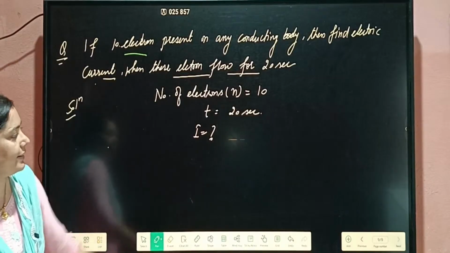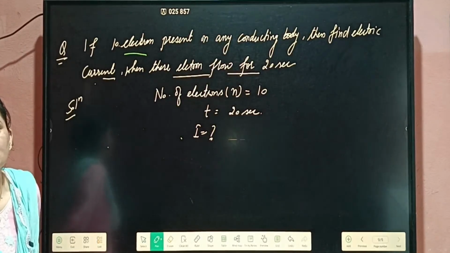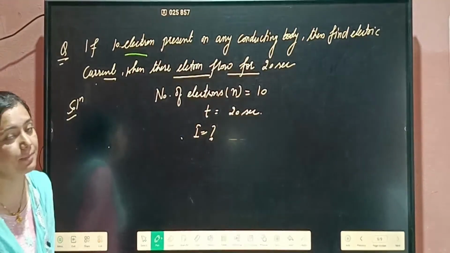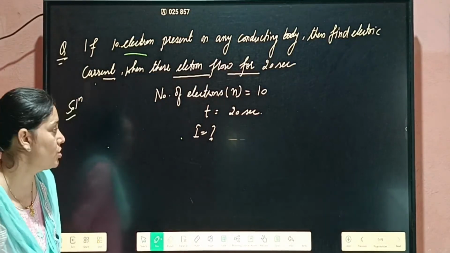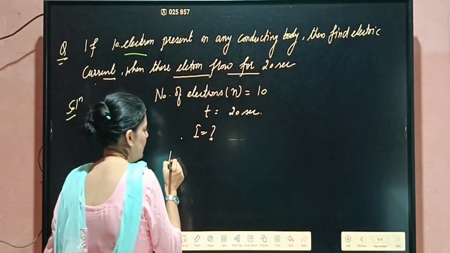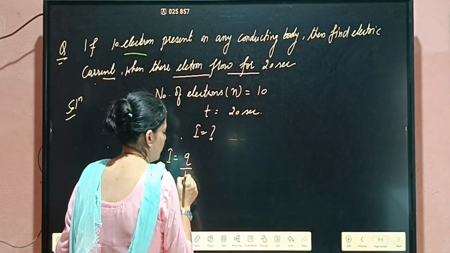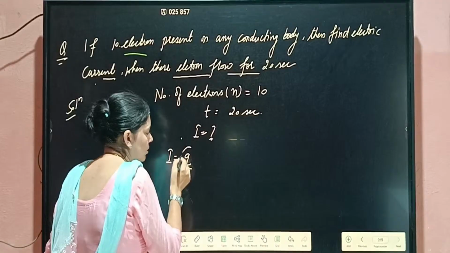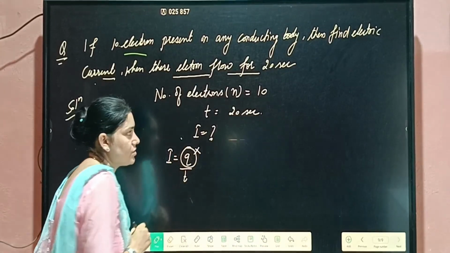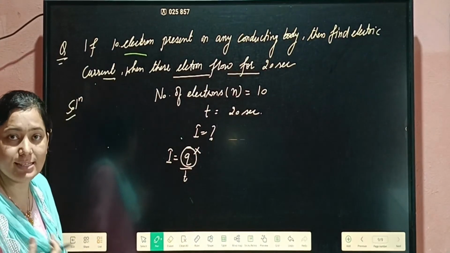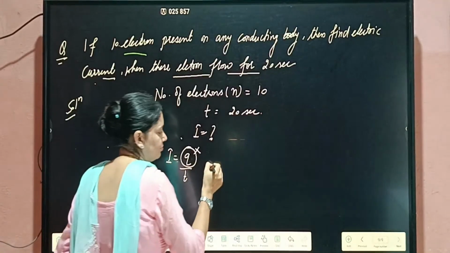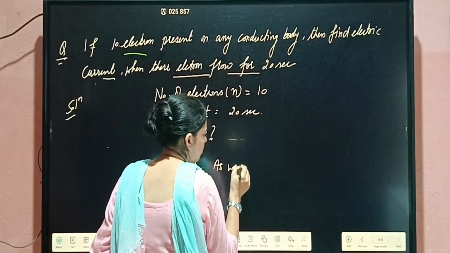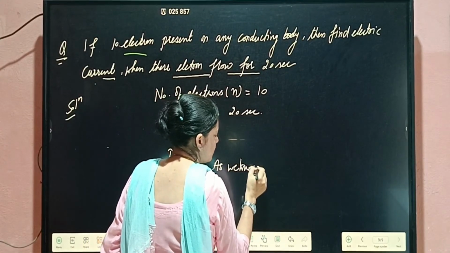क्लियर। सो इलेक्ट्रिक करंट हमें फाइंड करने के लिए हमें क्या चाहिए, टोटल चार्ज ऑन दी कंडक्टर, बट हमारे पास टोटल चार्ज है ही नहीं, नंबर ऑफ इलेक्ट्रॉन्स गिवन है। सो फर्स्ट वी नो अबाउट दिस वन, I equal to Q by T। ओके, तो I equal to Q by T, Q इज नॉट गिवन हियर, तो फर्स्ट वी शुड नो अबाउट देयर Q। अब Q कैसे निकालेंगे? So as we know, we have done already quantization of charge.